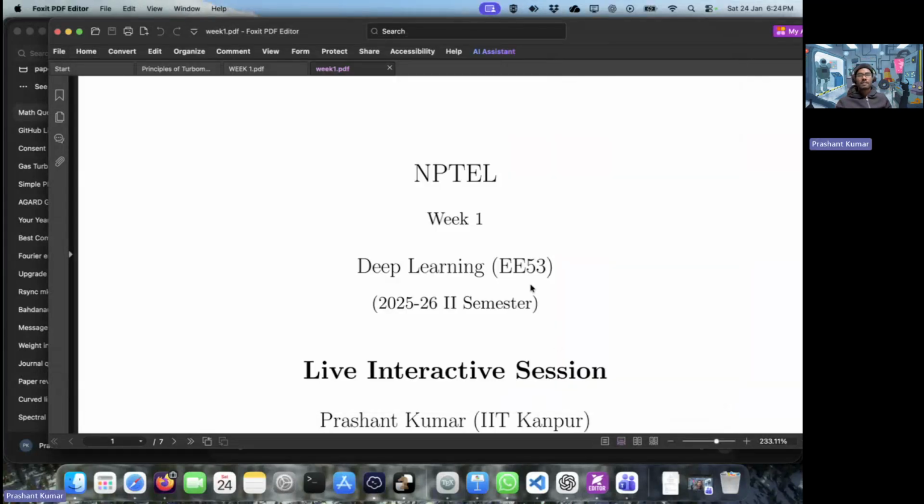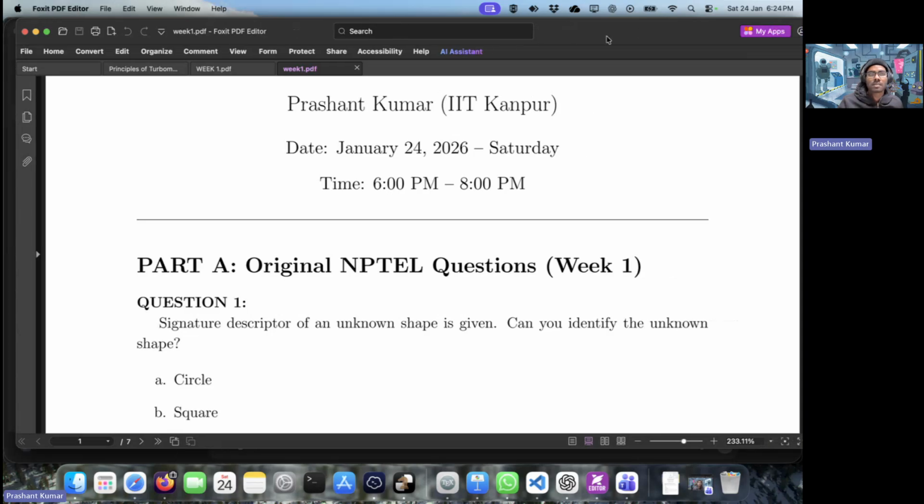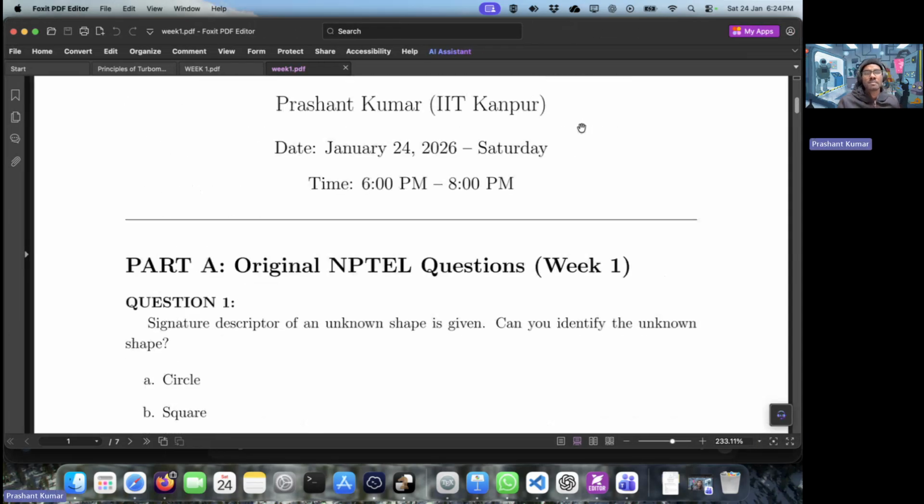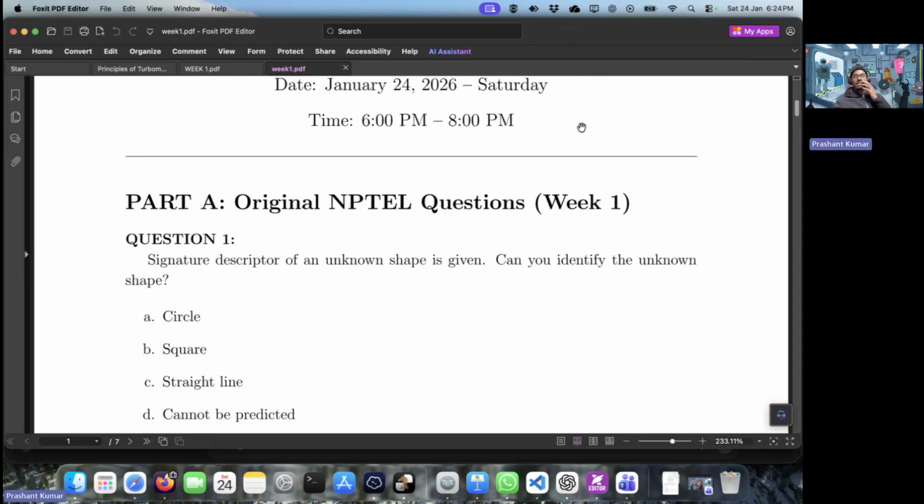Yes. So these are the questions. Here the picture is missing, so I will describe it. A signature descriptor of an unknown shape is given. Can you identify the unknown shape?